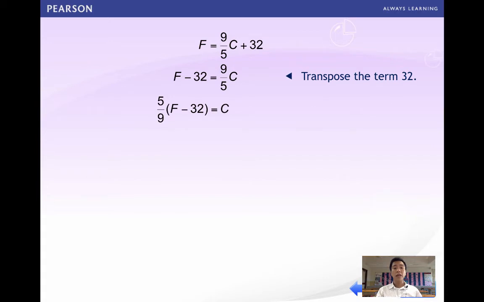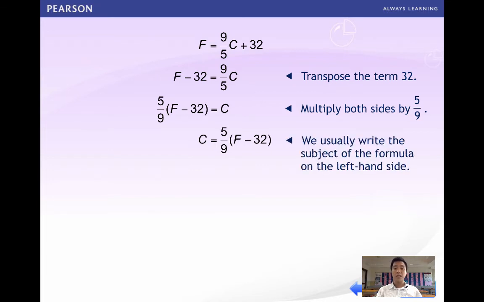Next, we transpose the times 9 over 5 to become times 5 over 9 on the left-hand side. After that, we rewrite it: C is 5 over 9 times the bracket of F minus 32. So we've done the change of subject. C is now the subject of the formula.